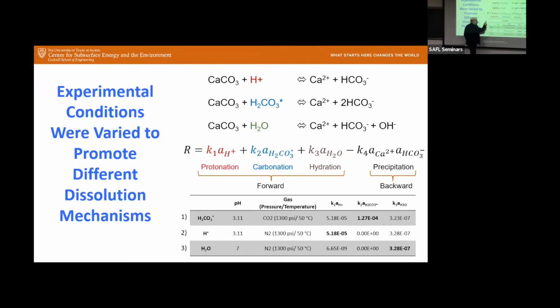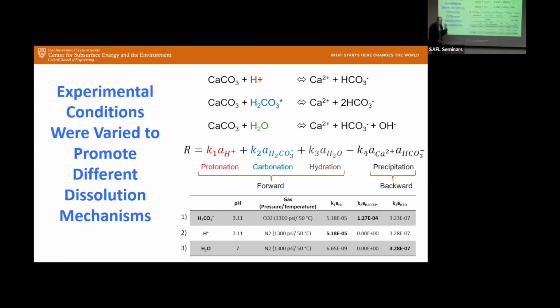And so when you look at the rate of carbonate mineral dissolution, and this is how people model it, you've got the rate constant times the activity of protons, plus a rate constant times the activity of carbonic acid, plus a rate constant times the activity of water. And then as you get too much calcium and bicarbonate in solution, you start to get precipitation, but we never get to those conditions, so you can ignore that.